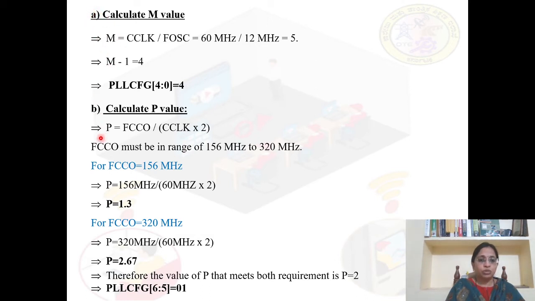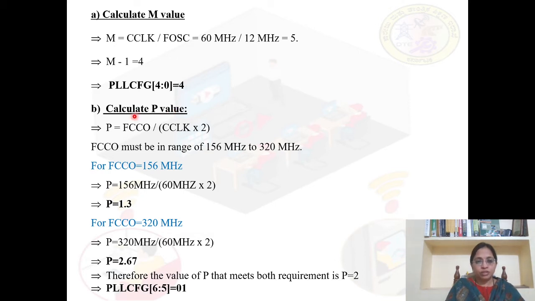The M value is calculated using this formula. CCLK is the CPU clock frequency, that is 60 megahertz, and the oscillator frequency is given as 12 megahertz. So we get M equal to 5. But when we are storing it into the configuration register, we will take M minus 1, so this becomes equal to 4.